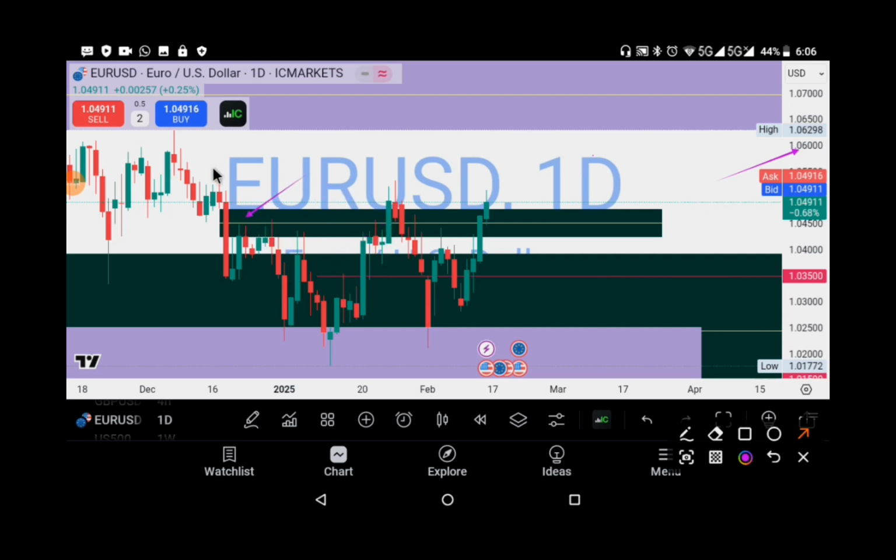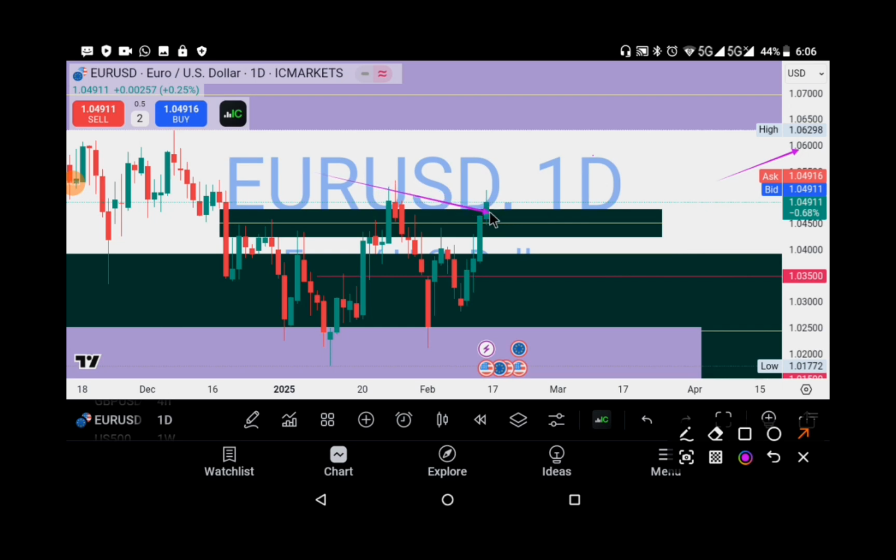So this is a balanced price range. It was a sell side imbalance, and we have seen a movement back in form of buying back into that level. So it's a balanced price range. I won't expect the market price to drop into 1.03500.